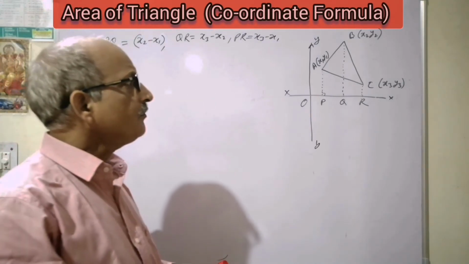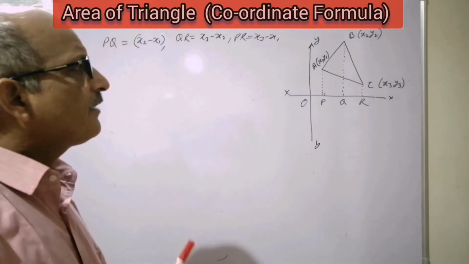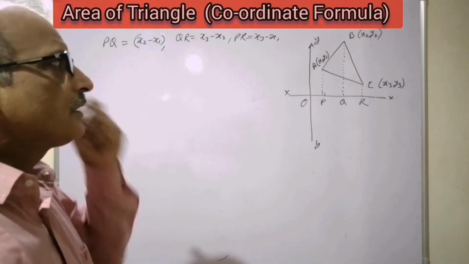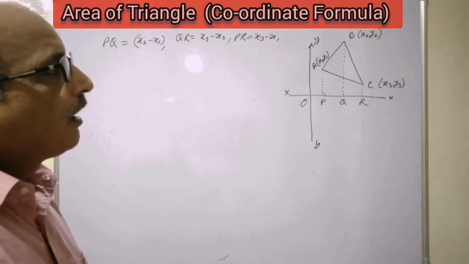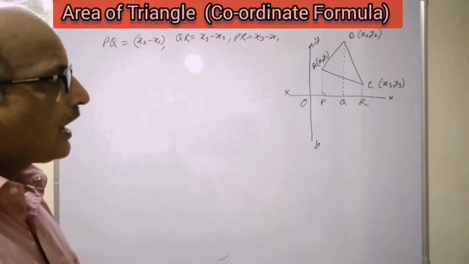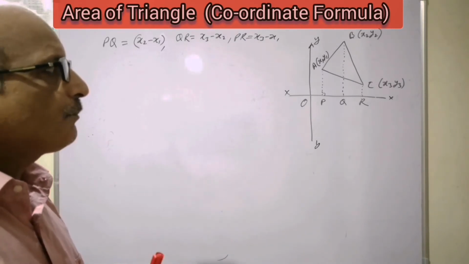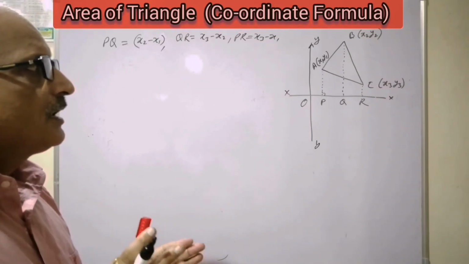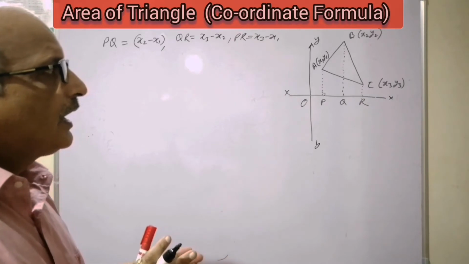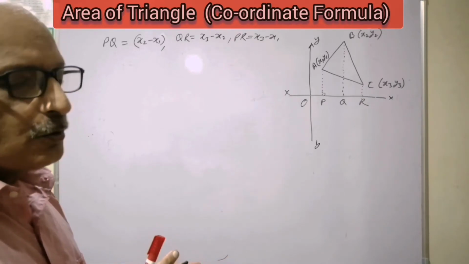Now we are interested in getting the area of the triangle. For that, first of all we have to find the area of pentagon ABCRP. But ABCRP is divided into two trapeziums, ABQP and BCRQ.